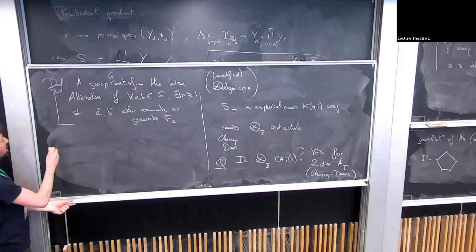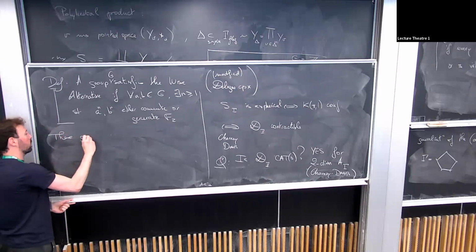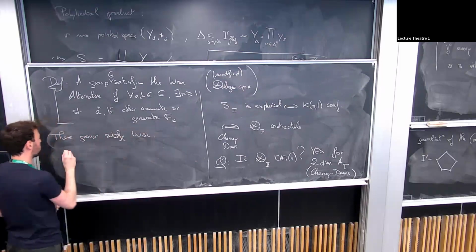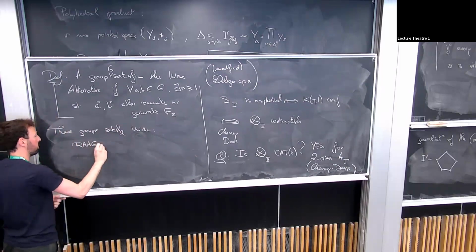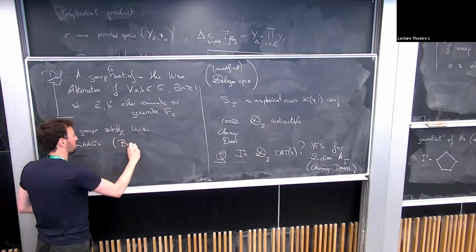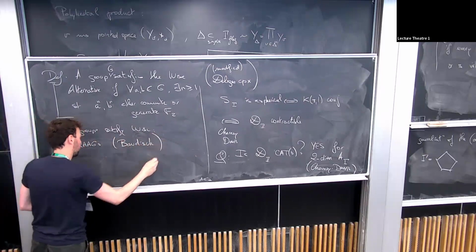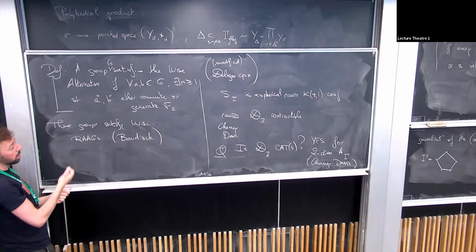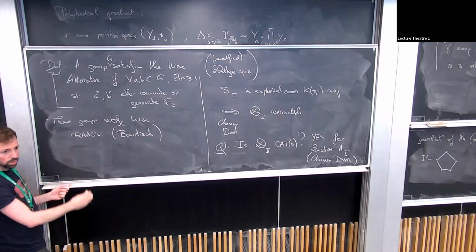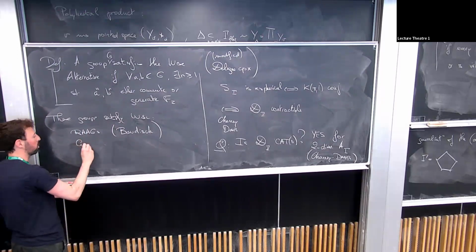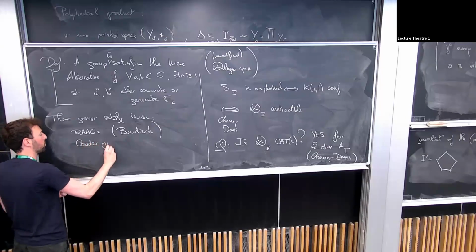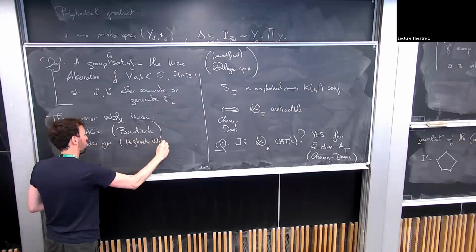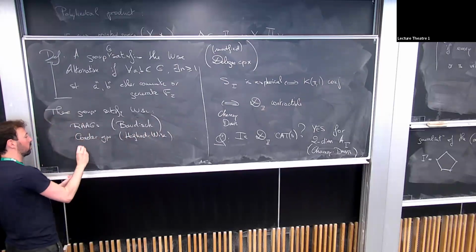So for instance, these groups satisfy the Wise alternative. The first examples are RAAGs. This is due to Baudisch in the 80s. In particular, if you have a virtually special group, it virtually embeds into a RAAG. So for instance, Coxeter groups satisfy this, I guess I should put virtually. Mapping class groups satisfy this.